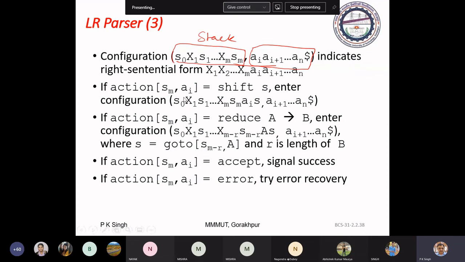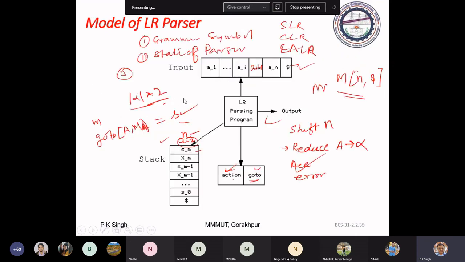You just see here, this is the string, and this is the configuration. So the configuration of the parser is the content of the stack as well as the content of the input buffer.